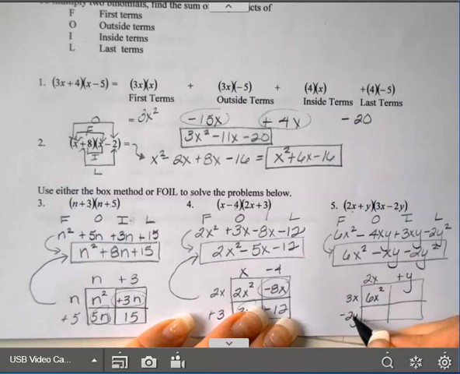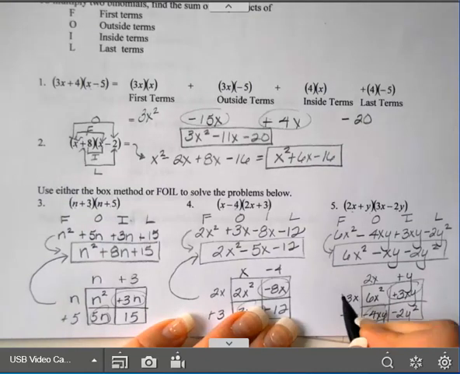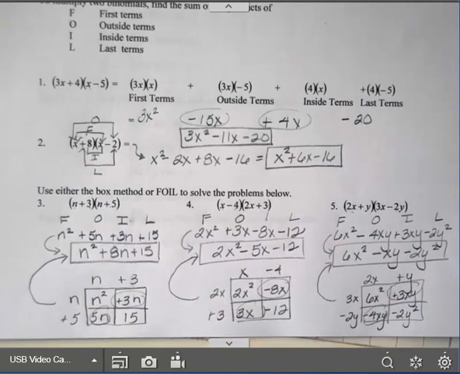So 2x and negative 2y gives you negative 4xy. Notice that's my outside term. This would have been my inside term, so 3x times y gives you plus 3xy. You're getting the same terms you did with FOIL. The box is just a way to organize it. And then on the last, you get negative 2y squared. And when I collect my like terms, I will get the same answer I did using FOIL.